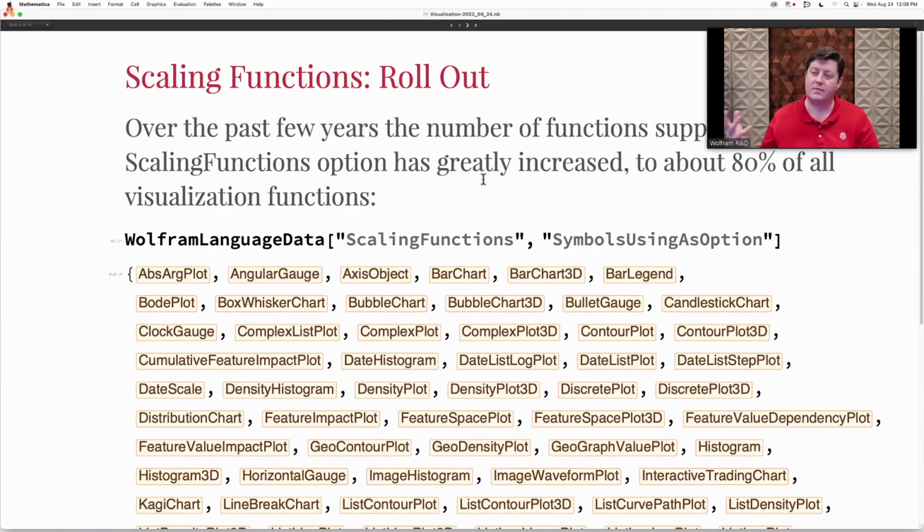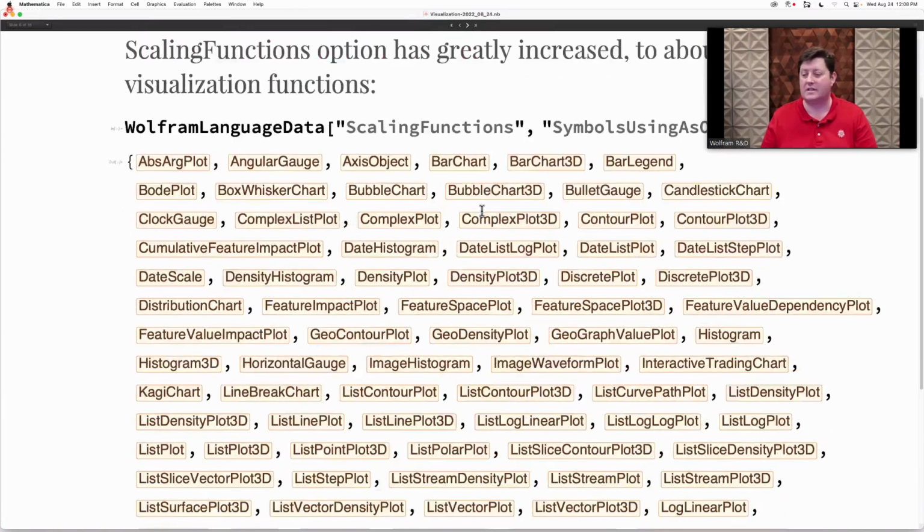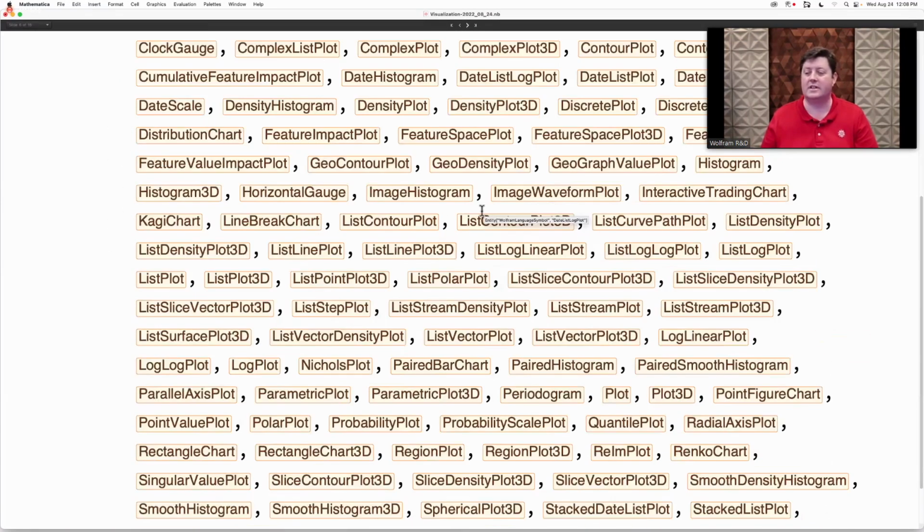And so scaling functions, I think, was originally introduced in version 7 thereabouts, and we've been rolling it out in pieces to more and more functions. At this point, we have about 80% of the visualization functions supporting scaling functions.